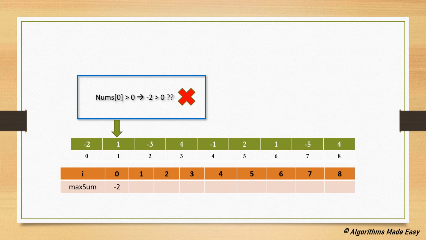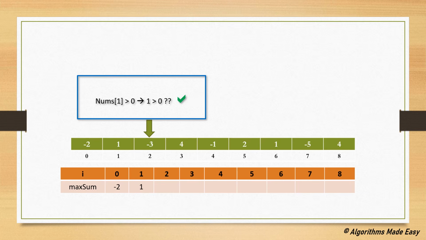Let's take the same input array. At this point, the initial value of max sum is minus 2. We will start from index equal to 1. As we can see, nums[0] is less than 0 and it does not satisfy our condition. So we will not update the current element. The max sum will be updated to 1.